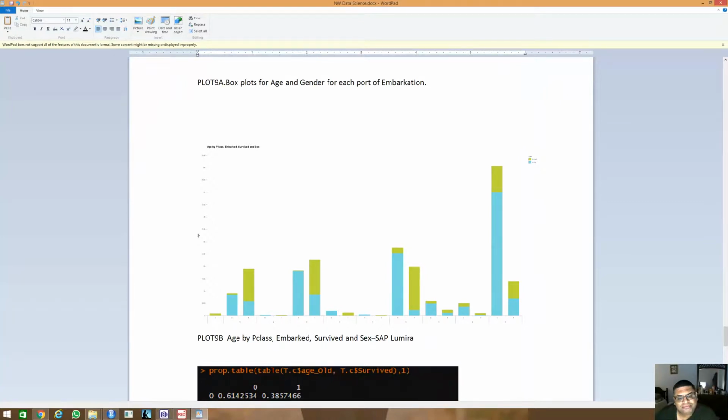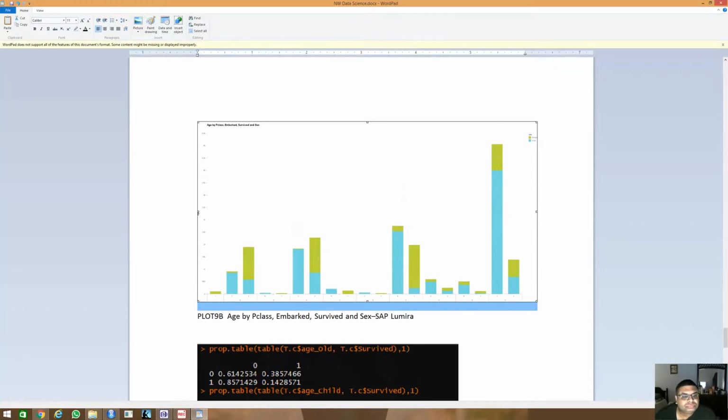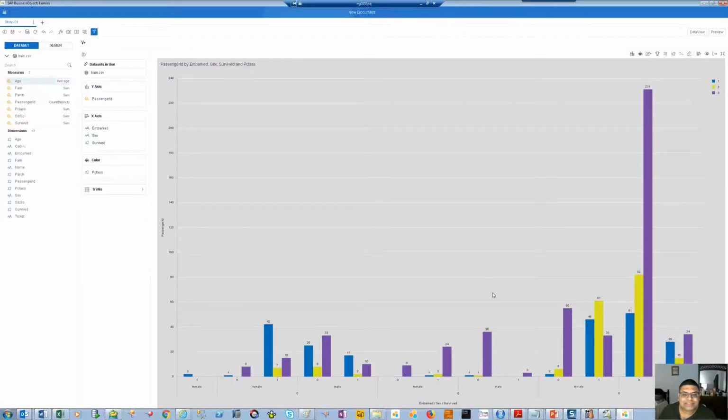You can see that this is the first class, this is the second class, and this is the third class. This is a chart that I created in SAP Lumira, and I decided to do my multivariate comparison this way.